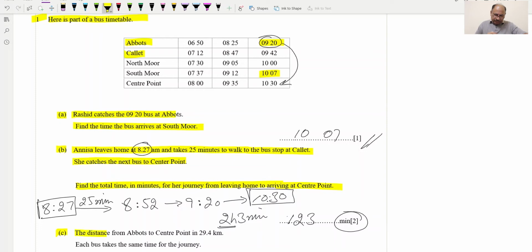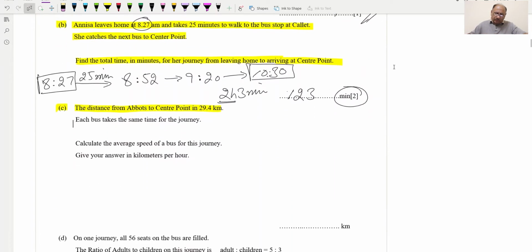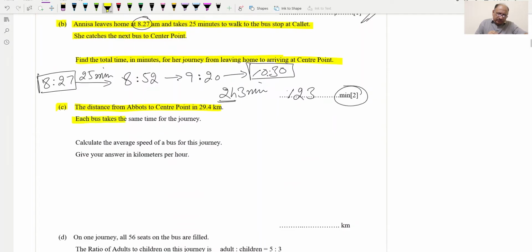C part: the distance from Abbott to Center Point is 29.4 kilometers. Each bus takes the same time for the journey. Calculate the average speed of the bus for this journey. Give your answer in kilometers per hour.